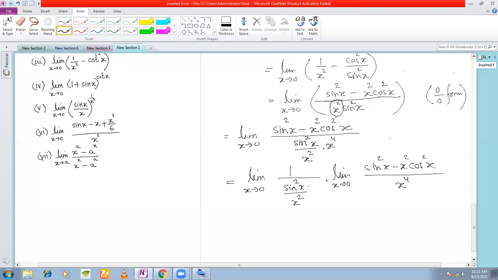Right? Now what is this limit? You can write this as 1 by limit x tends to 0, sin x by x whole square, which is nothing but 1, isn't it? Into limit x tends to 0, sin square x minus x square cos square x divided by x to the power of 4.